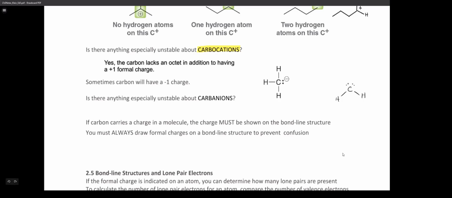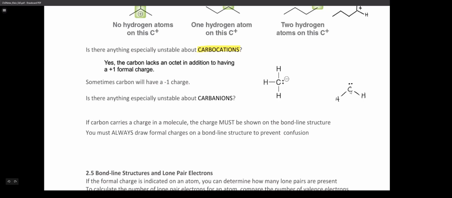Be very careful on this one because a lot of people will get this wrong. One lone pair, one lone pair. This thing is very, very rare. We almost never see this. What is the formal charge?